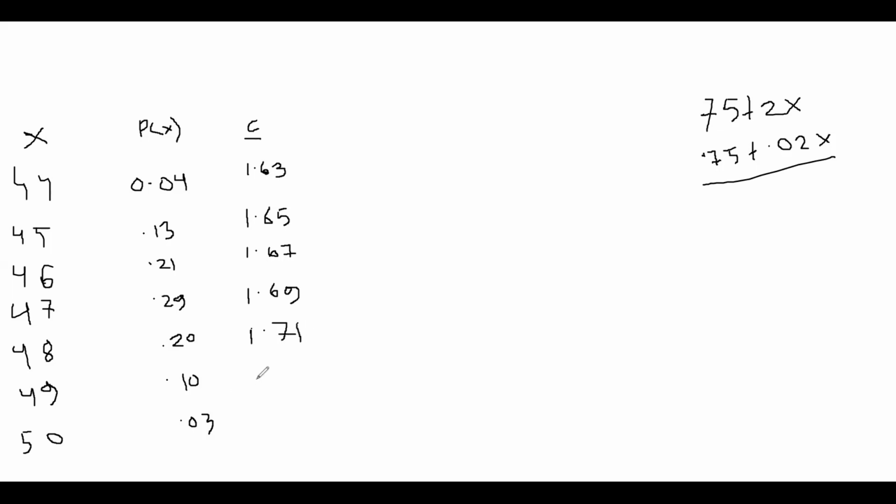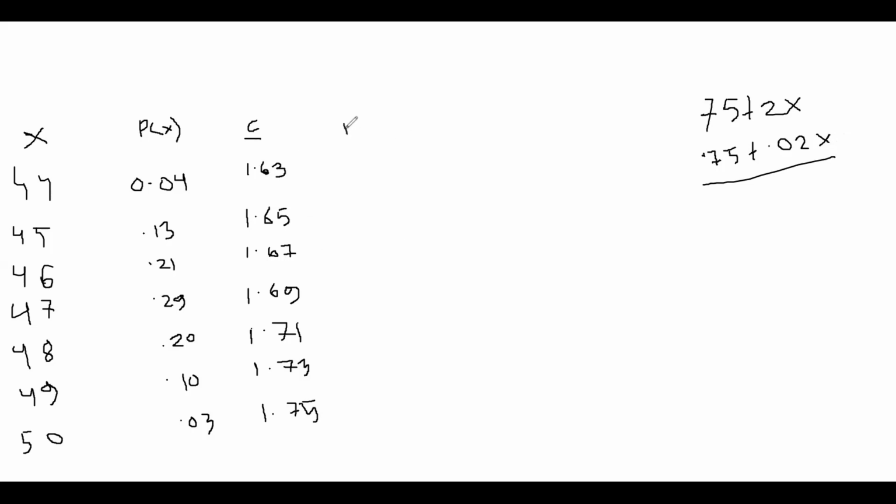Then 1.73. And finally 1.75. So you just have to plug in the x values to the function. So first you just plug in 44, then 45, then 46, 47. That's how you get all the costs.